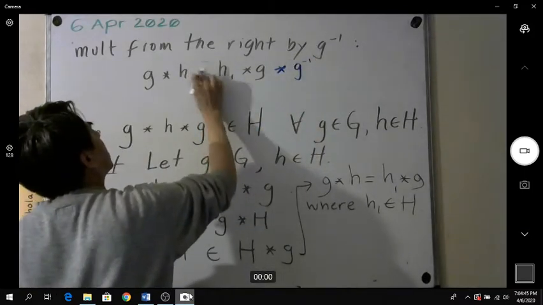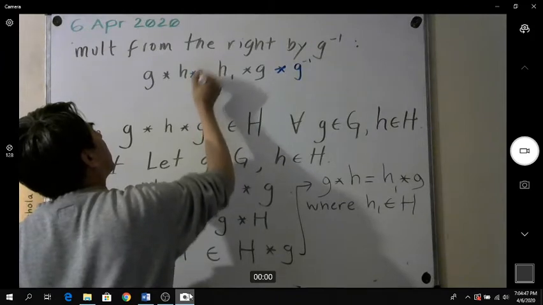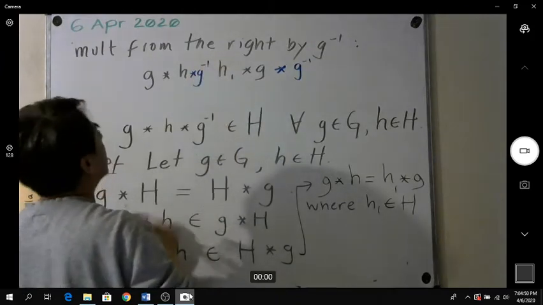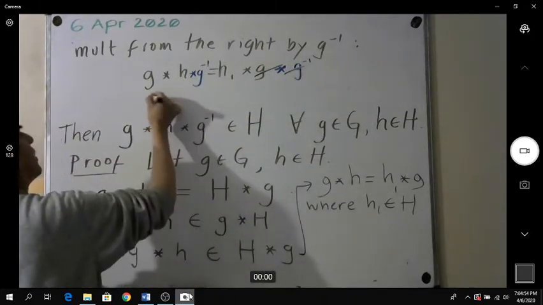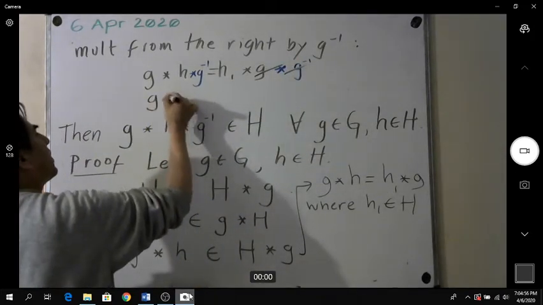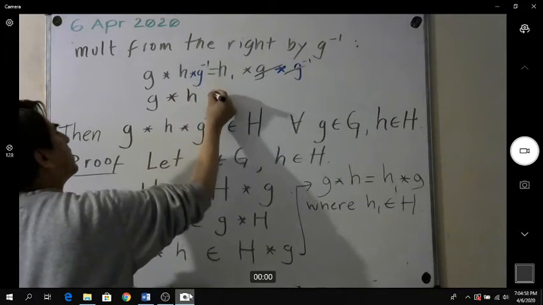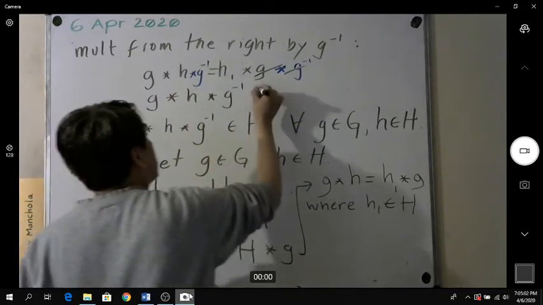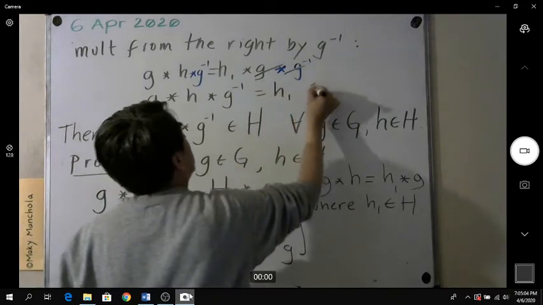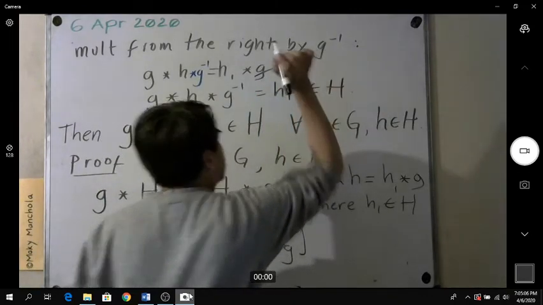On the left hand side, you get what you're after. So those cancel, that becomes the identity. So you get G star lower h star the inverse of G equals H1, which we know belongs in H. So our proof is complete.